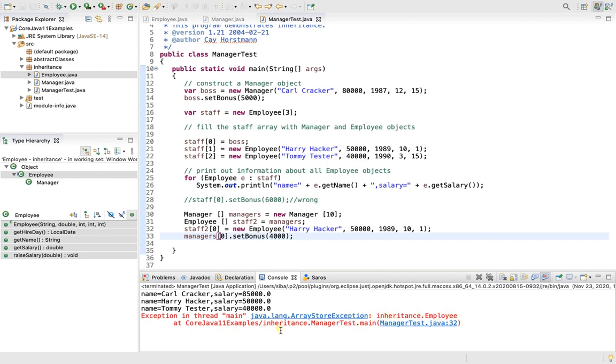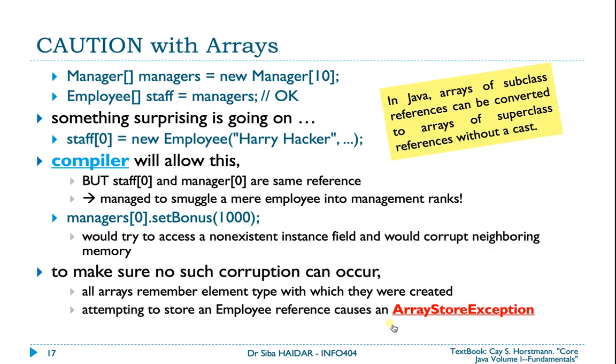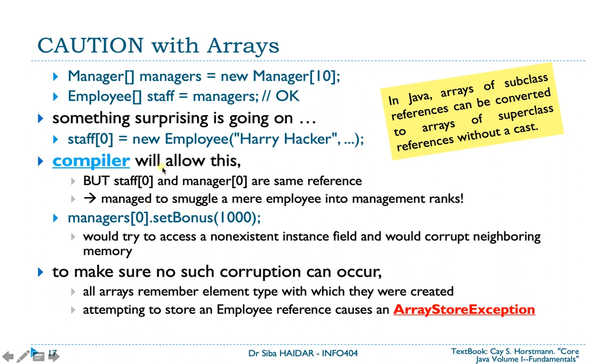Inheritance.Employee at Kojava, etc. So this is an array store exception. Why? Because there is no such thing as a bonus inside the first element of the array. So managers of 0 dot setBonus would try to access a non-existent instance field and would corrupt neighboring memory.